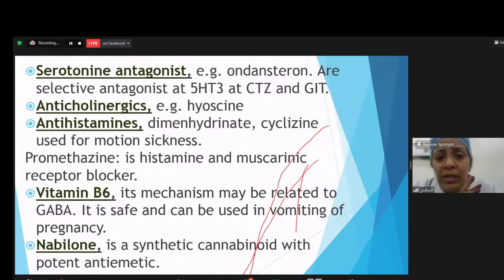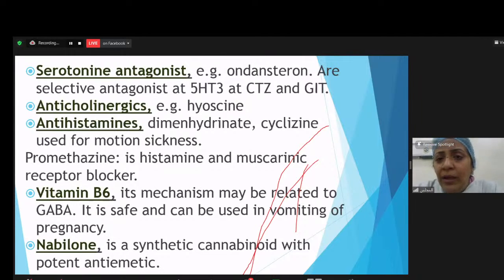So these 5-HT receptors work in two places. They are very effective. The choice of these drugs depends on how long you want the antiemetic effect. Is it just for the surgery or do you need it post-operatively? For example, in sleeve gastrectomies, sometimes you need the antiemetic effect for months and months, a long time.